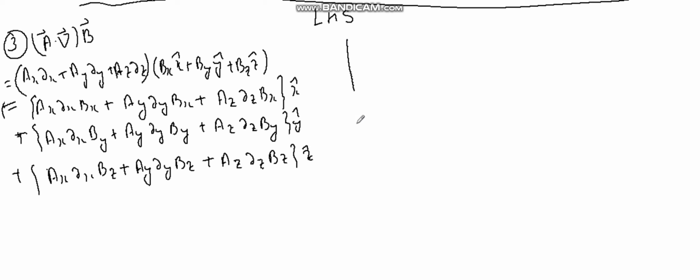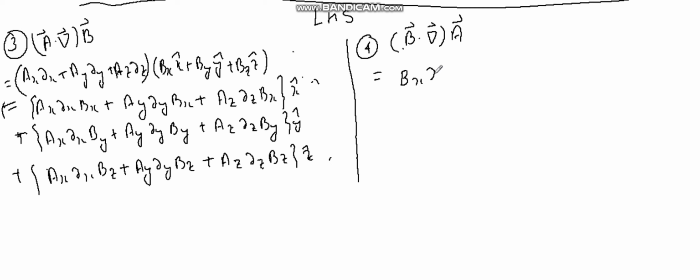Right, if we expand the fourth term, which is B dot del acting on A, these two are exactly similar, only the B and A are replaced. So we will just replace the A with B and B with A in this term, and we'll get the expansion for this. So let me write: Bx del x Ax plus By del y Ax plus Bz del z Ax, we have x cap.